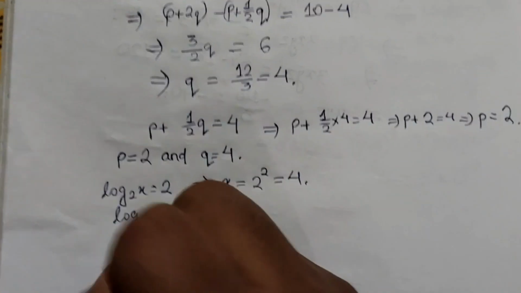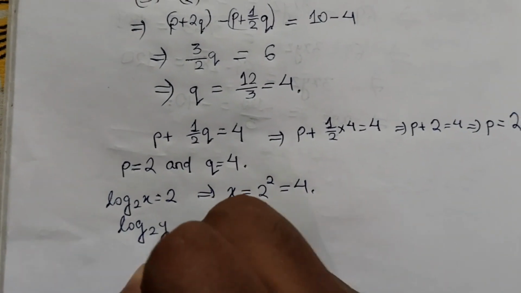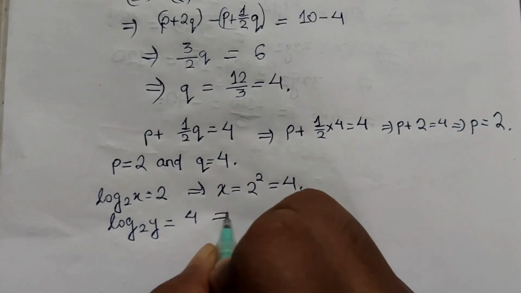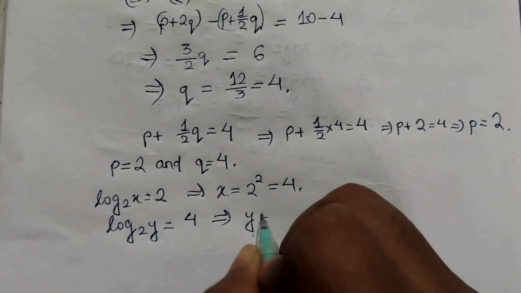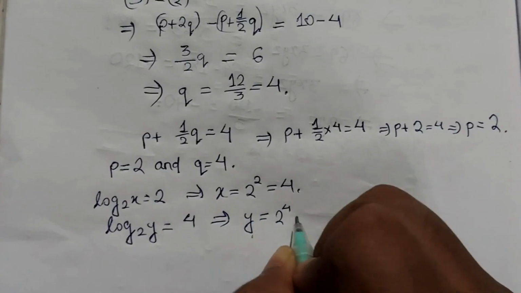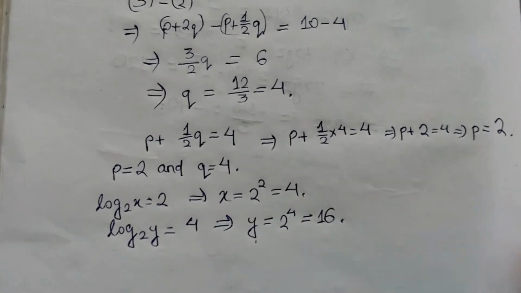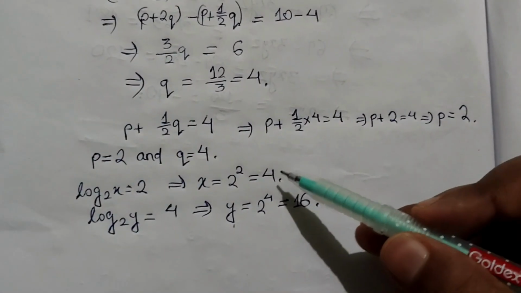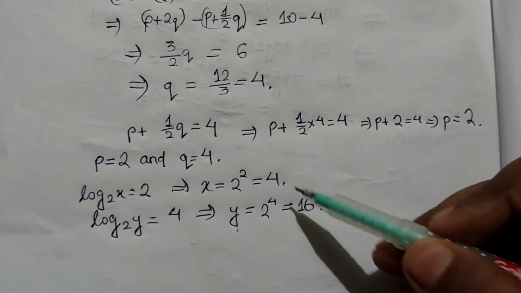Similarly, log base 2 y is q and q is 4, so y becomes 2 raised to 4, which is 16. Okay, so this is the final answer. We have got both x and y values.